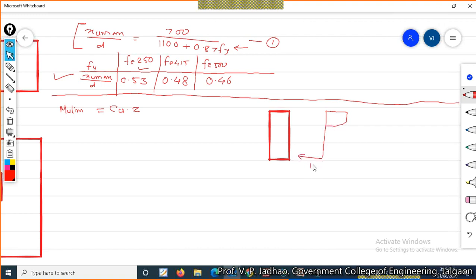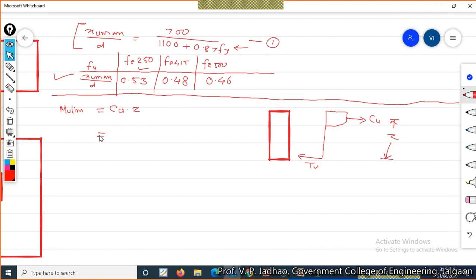Some tension will be there and compression will be there, and this distance is your lever arm, that is the distance between Cu and Tu. So the total moment of resistance or limiting moment is given by Cu into Z or Tu into Z. We will ignore Tu into Z and consider only Cu into Z.